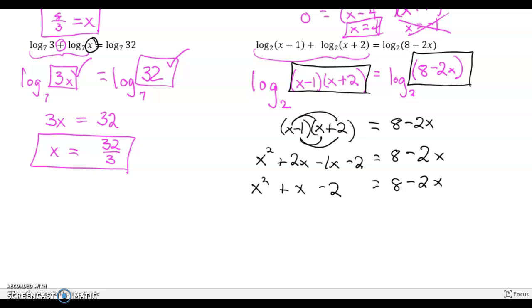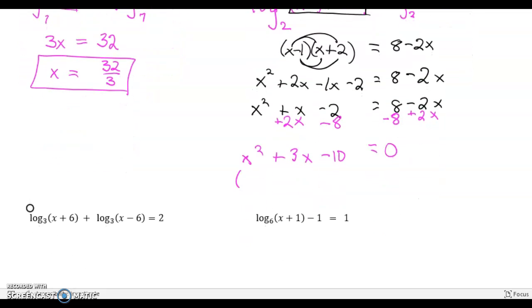I know I'm going to have to factor, so I'll shift everything from the right side over to the left side. So let's add 2x and let's subtract 8 from both sides. That leaves me x squared plus 3x minus 10 equals 0.